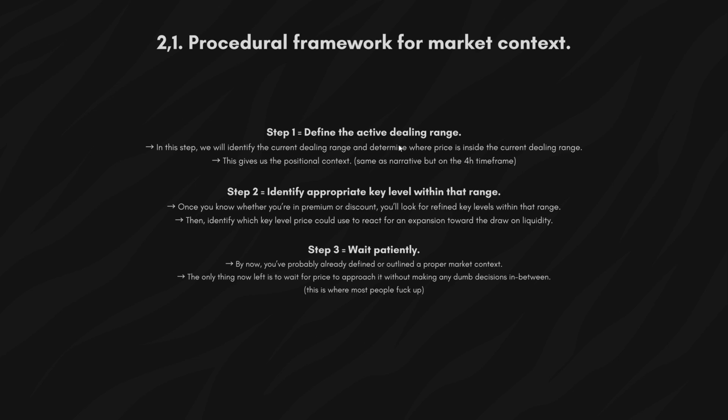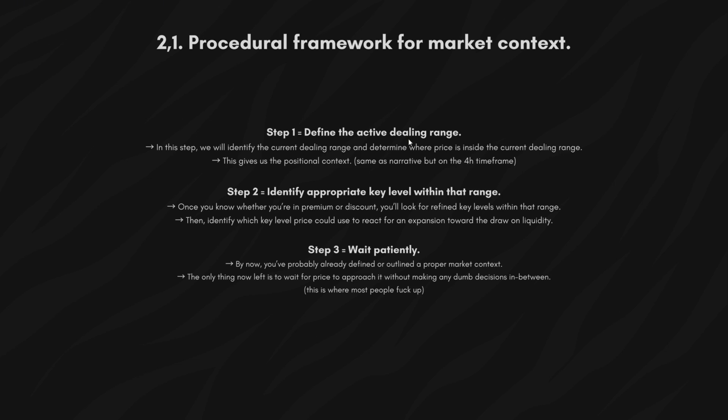And what I mean by that is, let's say you are trading on Tuesday, and on the higher time frame, on the daily time frame, you determine that the directional bias for Tuesday is bearish. So now your job on the intermediate time frame, on the 4-hour time frame, would be to identify a dealing range that is aligned with that directional bias, meaning it must be a bearish dealing range.